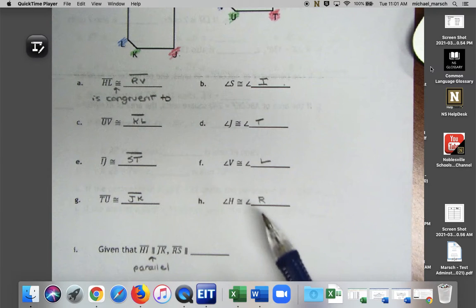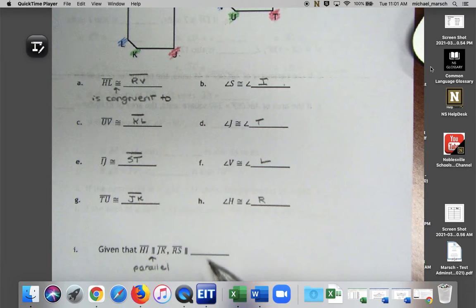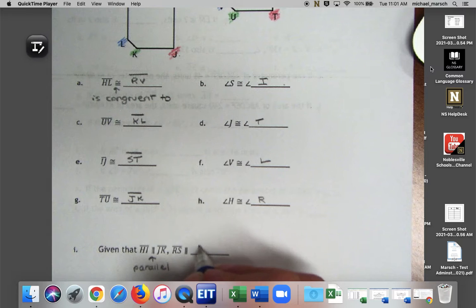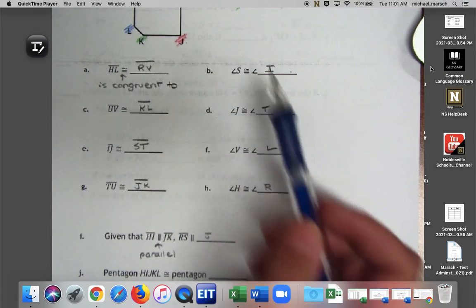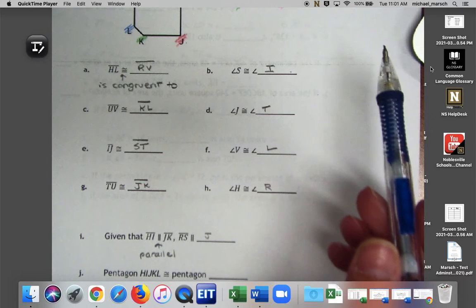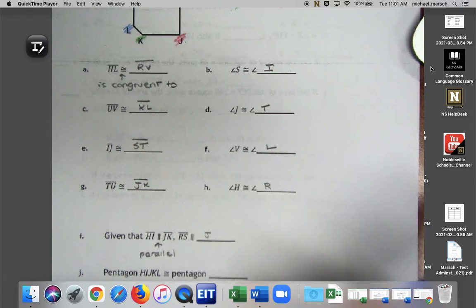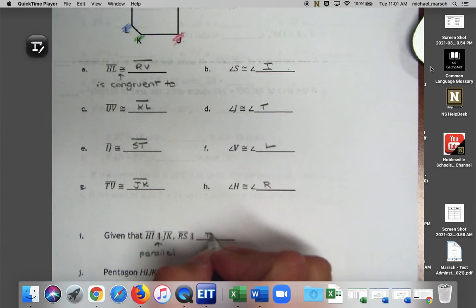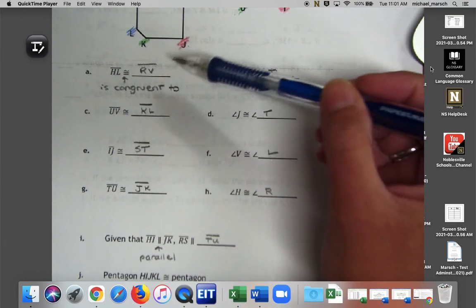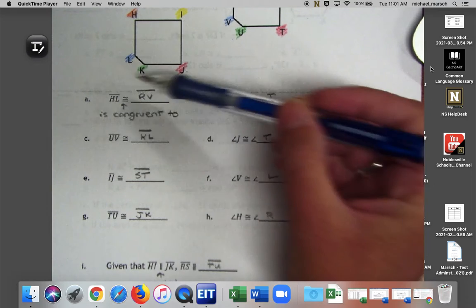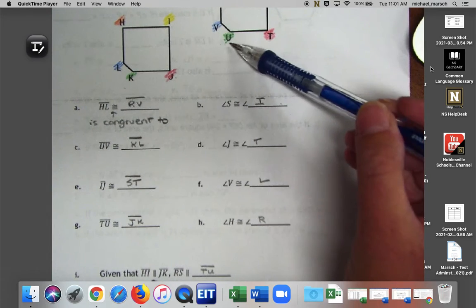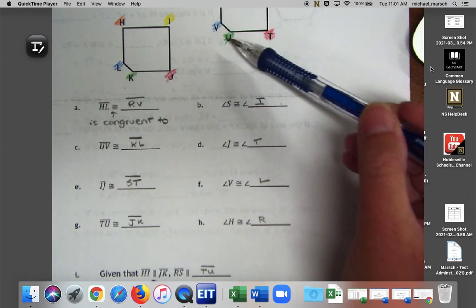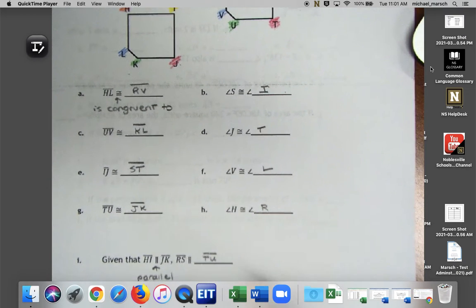So RS is parallel to TU, because they did JK, they went red green, so you have to do red green. Right? So you'd say TU.